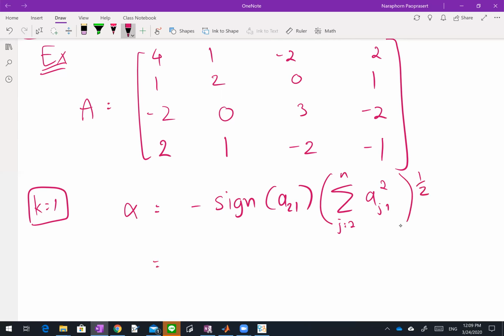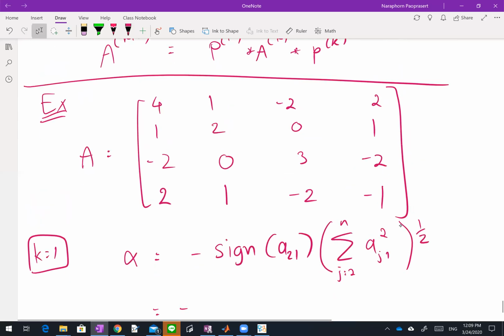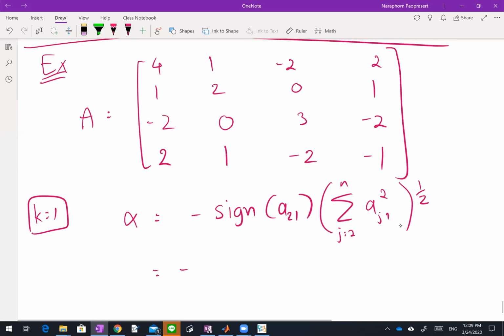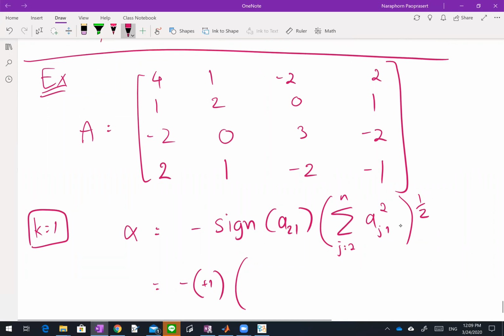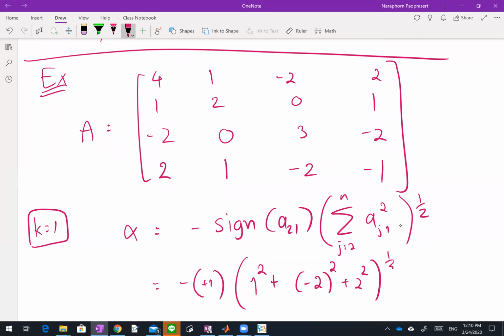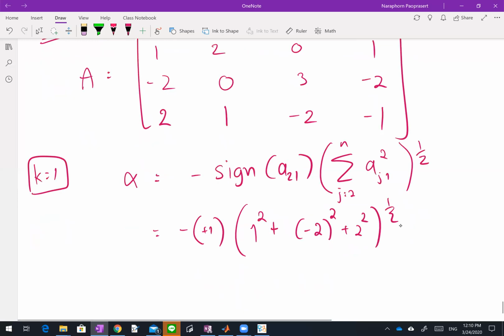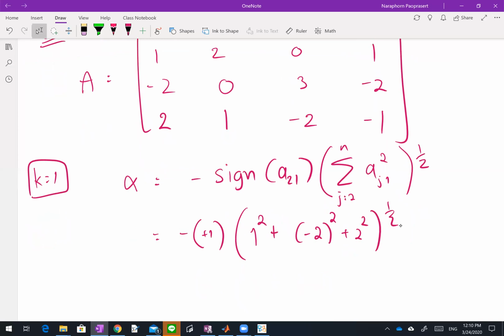The sign of a21 is 1, so this is a positive number. The summation from row number 2 to n, so this is 1 squared plus minus 2 squared plus 2 squared, to the 1/2, so everything in this column will be squared and then added together.